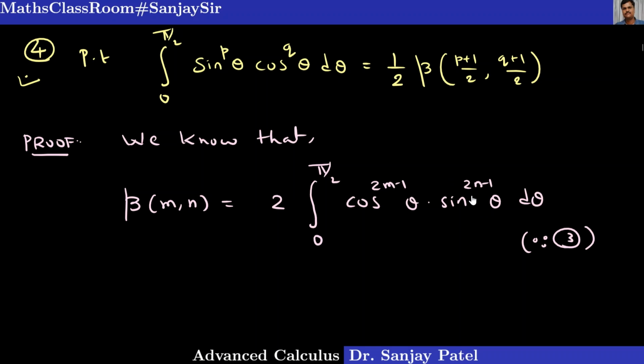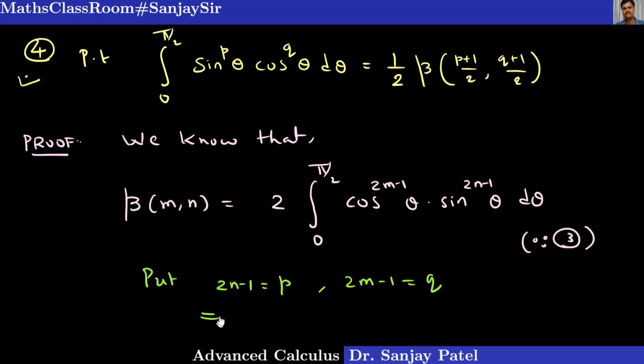So let us put 2n minus 1 is equal to p. So I will get sine raised to p term here, and 2m minus 1, this number I am calling q.